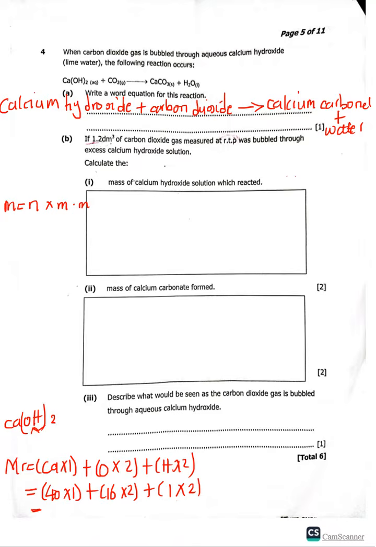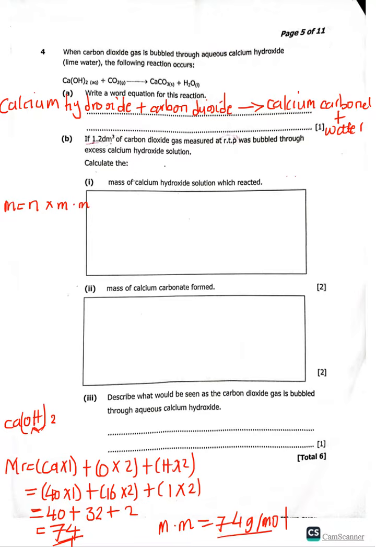So 40 times 1 is 40, plus 16 times 2, 32, plus 2. So 40 plus 32 is 72, plus 2, 74. So 74 is our molar mass, 74 grams per mole.